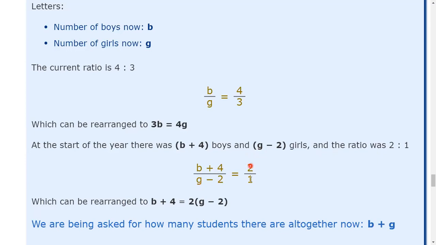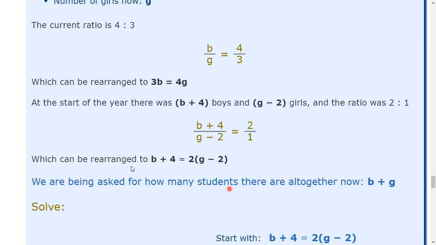So the ratio was 2 over 1. We can rearrange it this way. This goes to the other side. We are cross multiplying: B plus 4 is equal to 2 times (G minus 2). Cross multiplication.